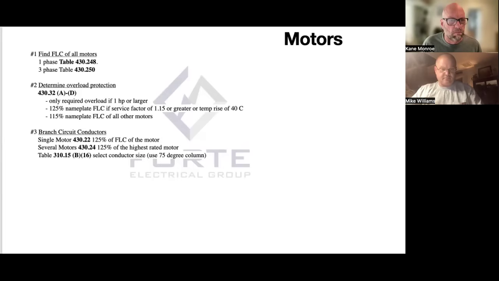310.16. I don't have my 2017 with me. I go from 310.15B, then I skip to 310.60. 310.15B is ambient temperature adjusting factors for more than 3 current carrying conductors.